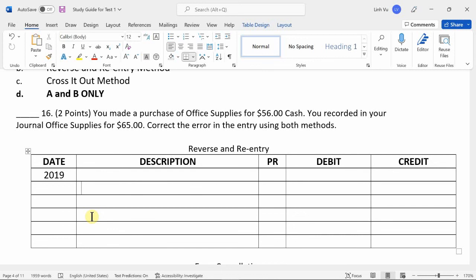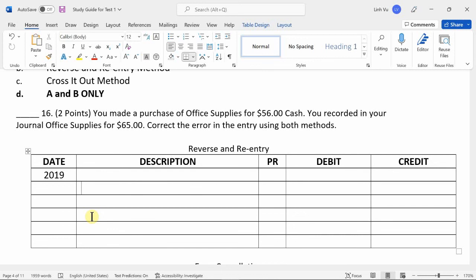I'm debiting the office supplies for $65. Wrong, credit. I'm reversing this transaction. Right now, I recorded it as office supplies, debit for $65, cash credit for $65. That's my original transaction.